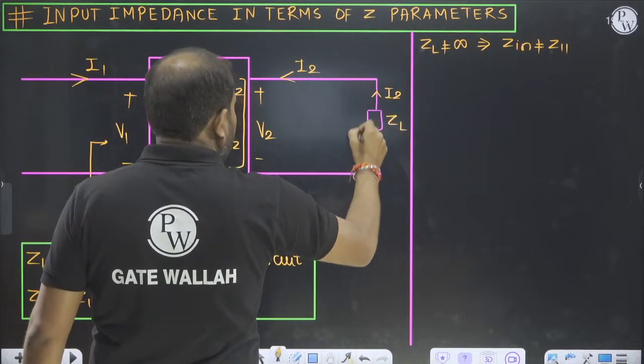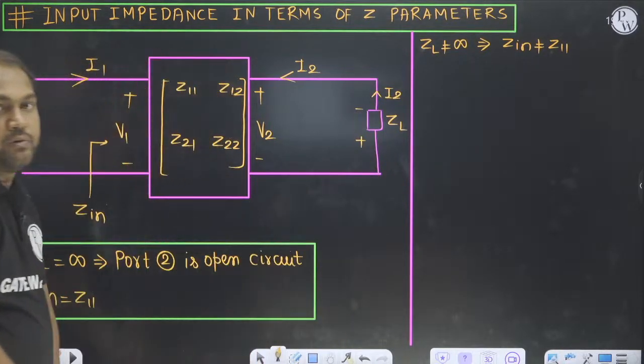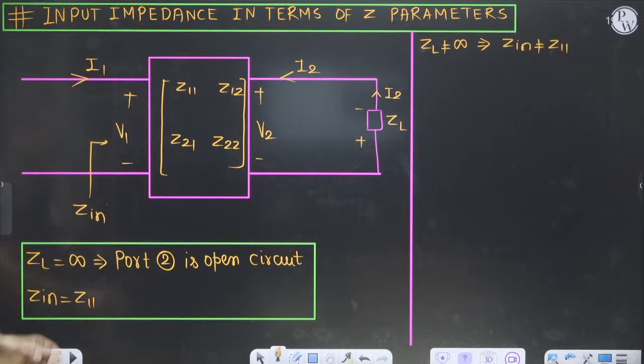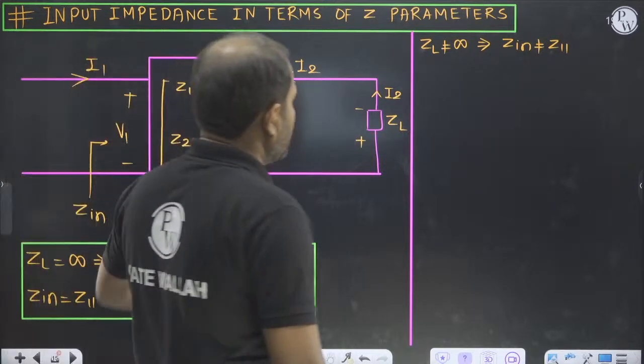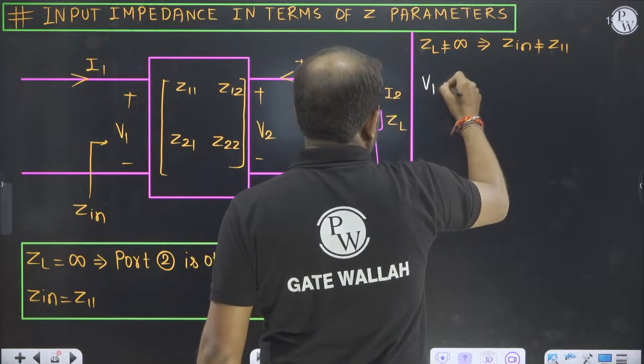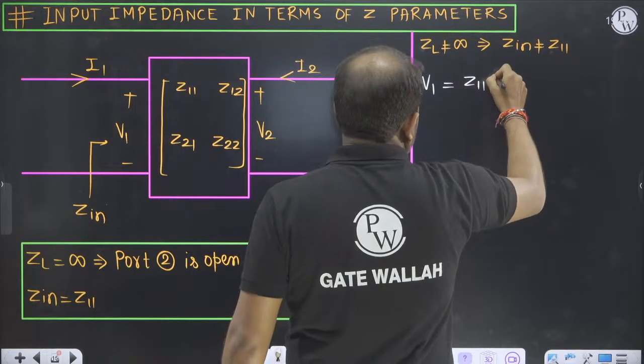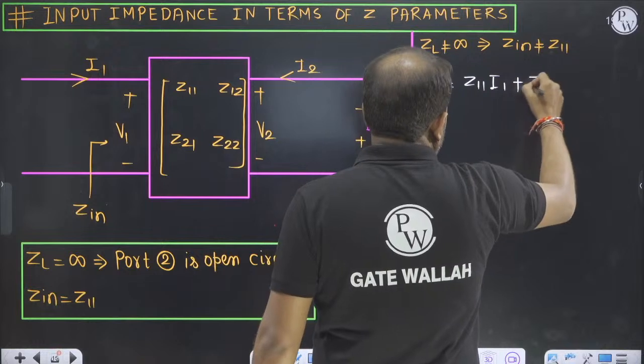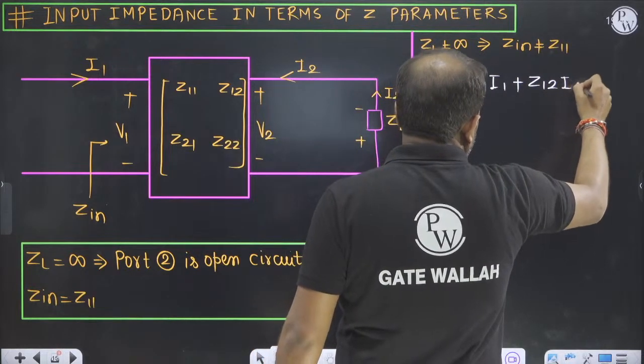So current is flowing like this. First of all, I will write two equations in terms of Z parameter. The two equations are V1 = Z11 I1 plus Z12 I2.